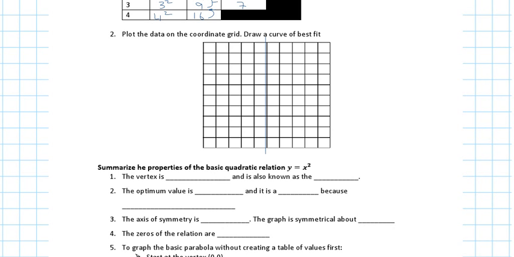My x-axis is right here. In this case I want to go up by 1 on the y-axis because I want to show you something very important. Even though we're not going to be able to fit all the points, that's okay.